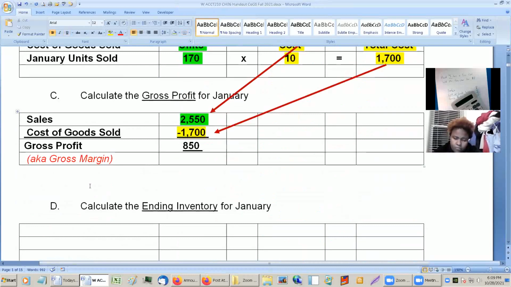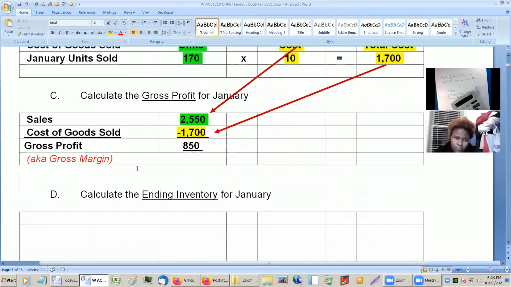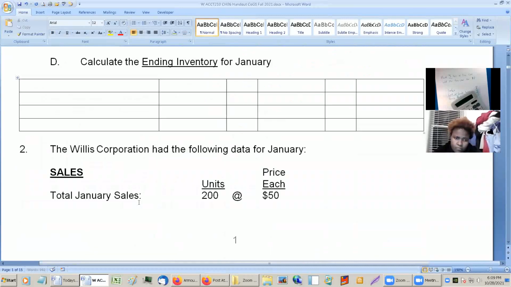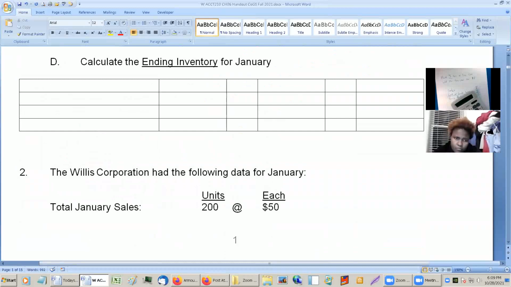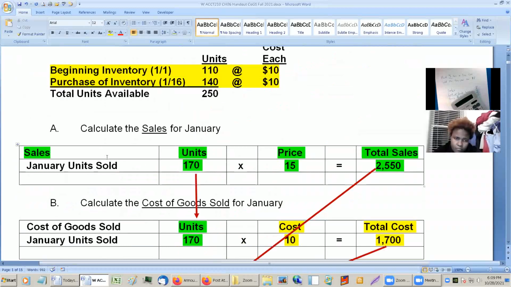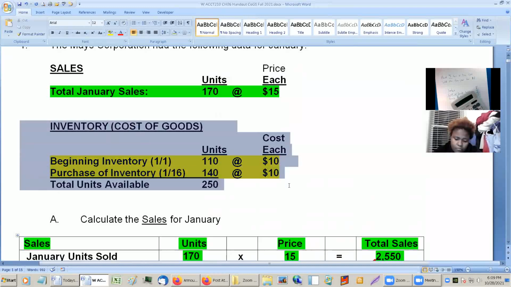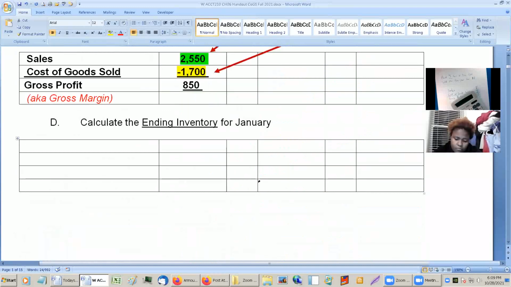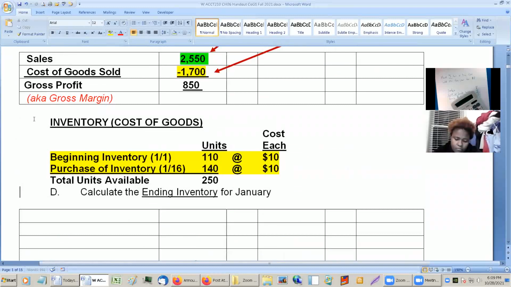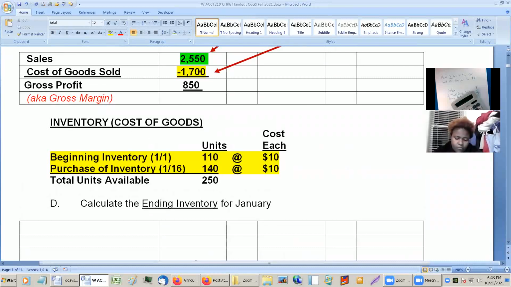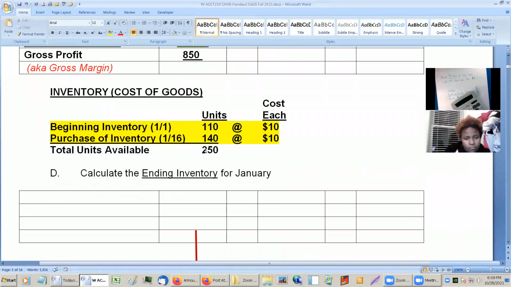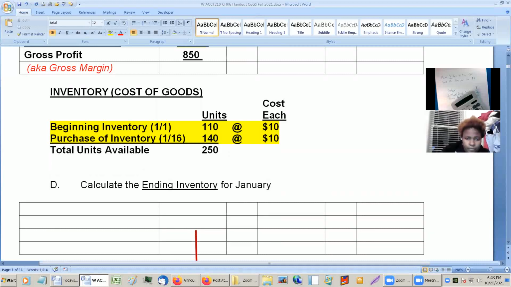Now here's the thing. For our ending inventory down here, actually, I'm going to copy this down so that it gets closer to it. You don't have to do this. I'm just doing it to put it on the same screen. Now, notice that we really don't have these 250 units available anymore, because we sold 170 out.